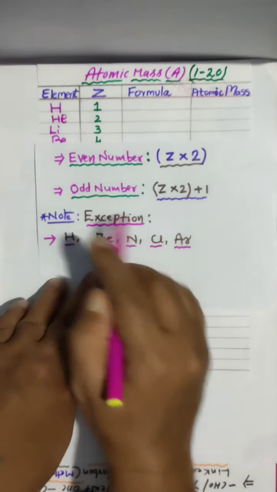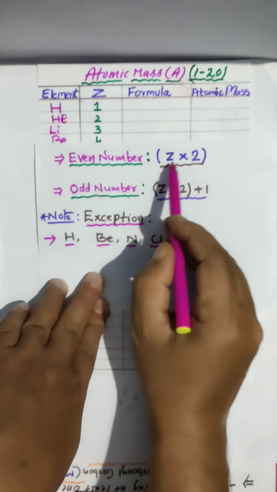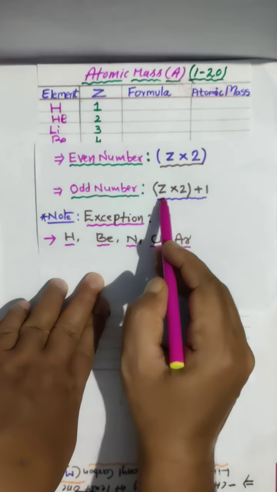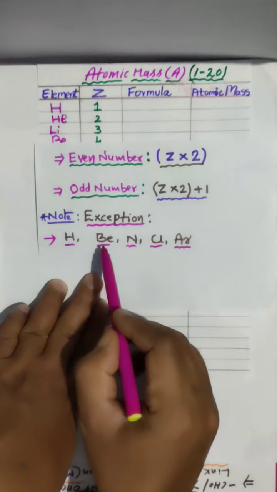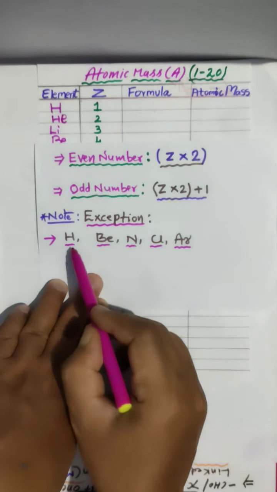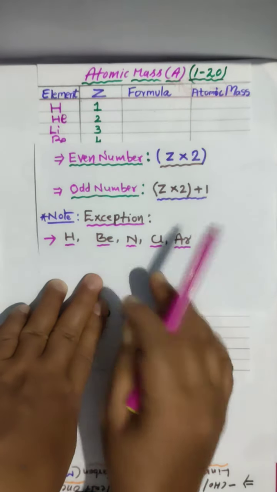I repeat, even number: atomic number into 2. Odd number: atomic number into 2 plus 1. Exceptions: hydrogen, beryllium, nitrogen, chlorine, argon. For hydrogen, atomic number and mass number are both the same.